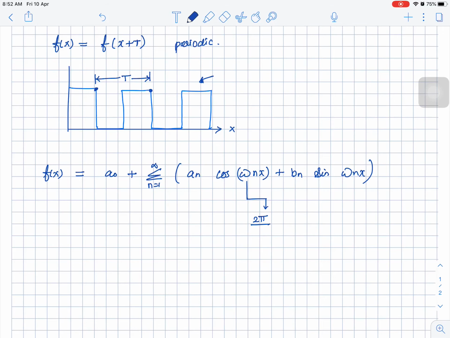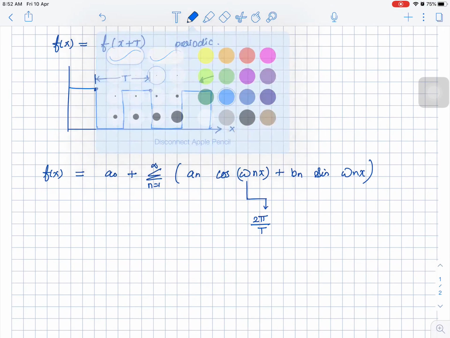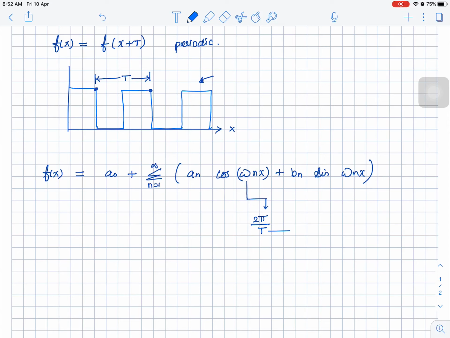So 2 pi divided by this time period becomes the frequency. This time period can vary depending upon the application. So this can be minus pi to pi, sorry, this can be 2 pi, where the limit goes from minus pi to pi.